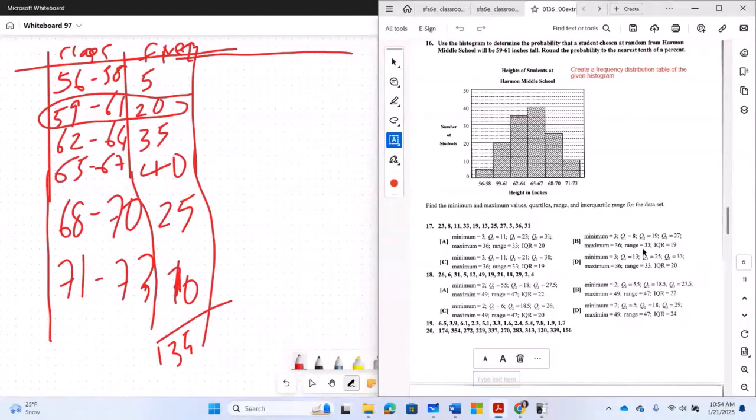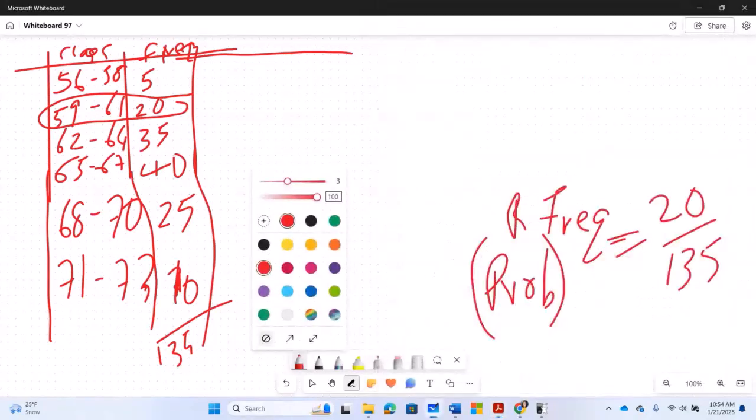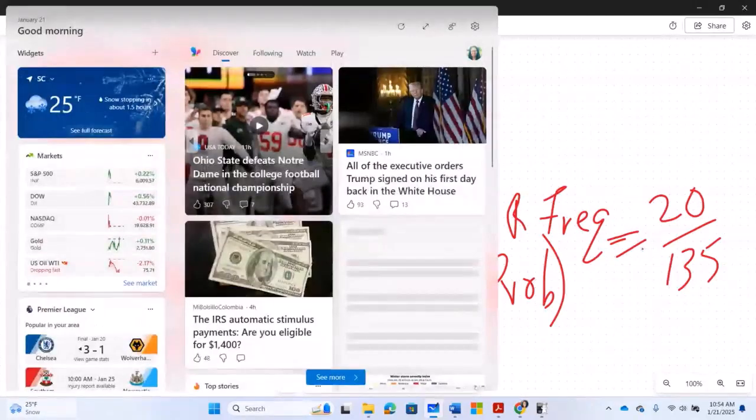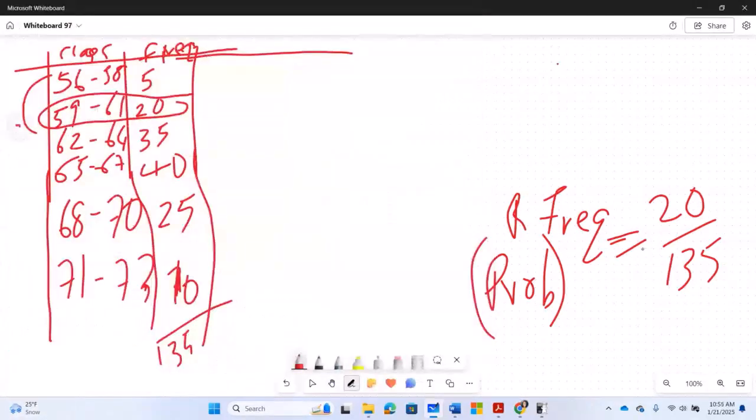We did that. By the way, if I'm told to calculate the class width for this table right here, it is the distance between consecutive lower limits. 56 minus 53 is 3. So the class width is 3. 65 minus 62 is 3.